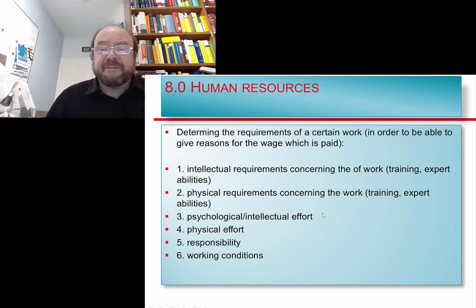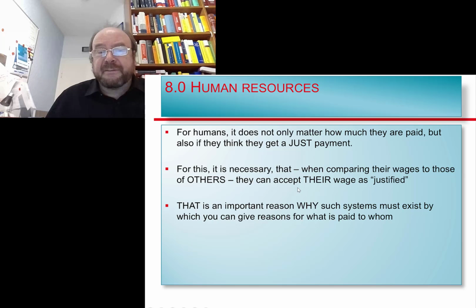Somebody working at a steel factory at the oven where it's extremely hot has very challenging working conditions. People want to get some remuneration for that because that is hard work then, and naturally they want to get paid for this. Good. But one of the most important aspects is that human beings, or even all primates, so also chimpanzees and gorillas, do not only care about what they get paid, but also if they can regard that as a just payment.